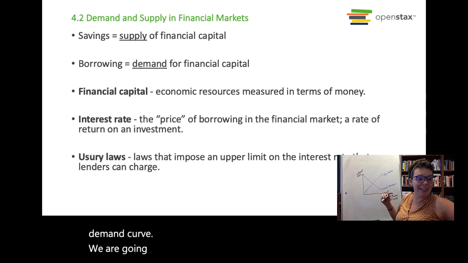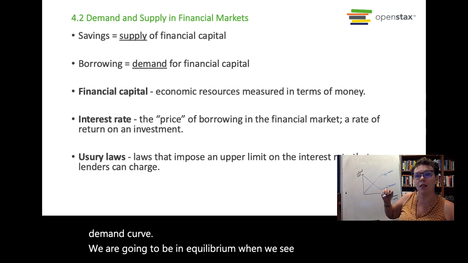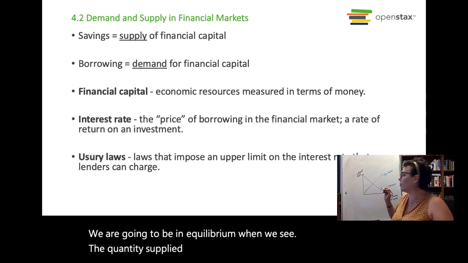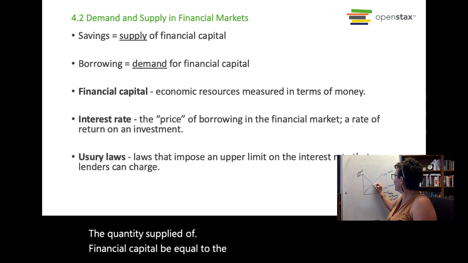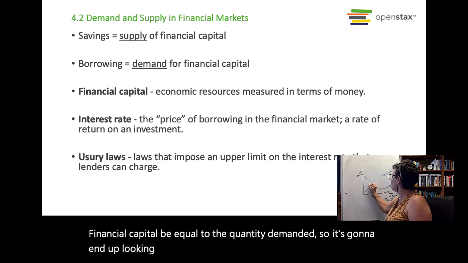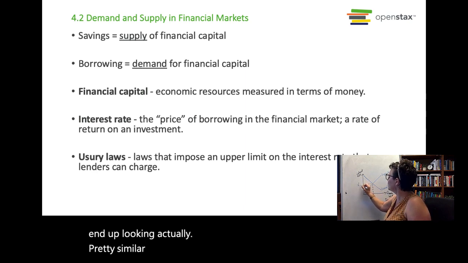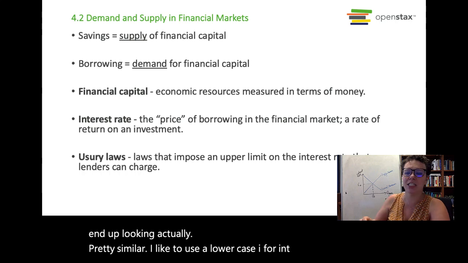We're going to be in equilibrium when we see the quantity supplied of financial capital be equal to the quantity demanded. So it's going to end up looking actually pretty similar. I like to use a lowercase i for interest rate. It just makes me happy.